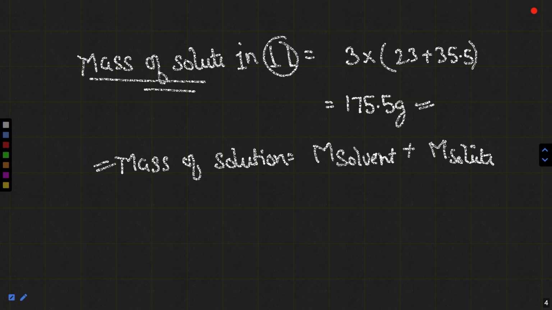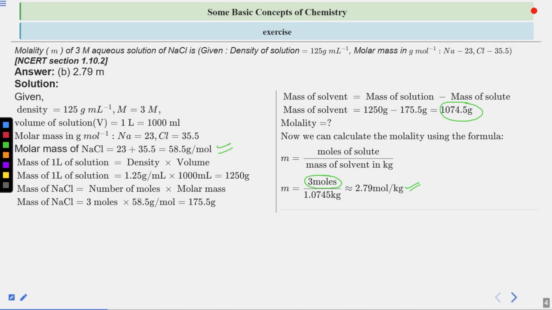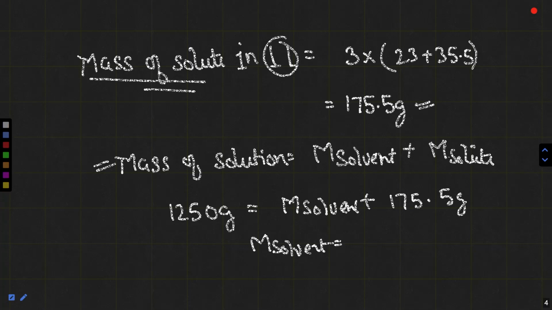Now we know this, it is 1250 grams. Mass of solvent is to be calculated, so we keep it as it is. Mass of solute is 175.5 grams. Then what is the mass of solvent? Just subtract this. You will get the mass of solvent as 1074.5.